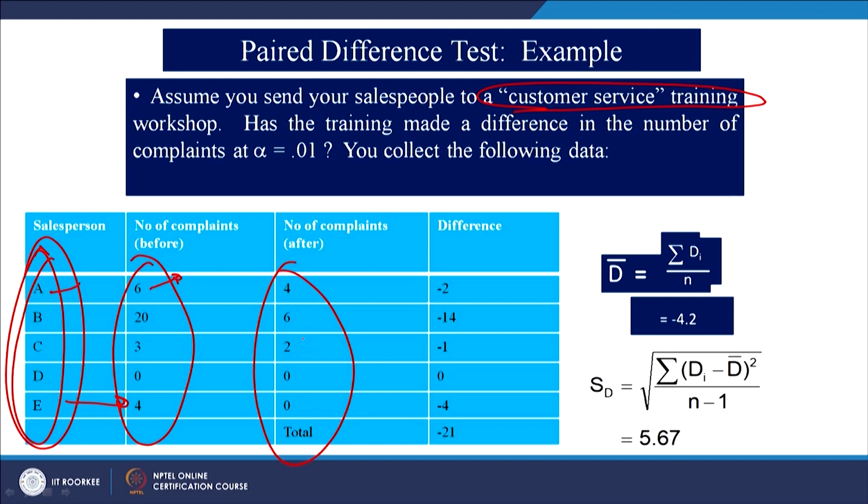Now, you want to know is there any difference in these two sets of data, or has the training program made a difference in the number of complaints, whether your complaints have gone down or it has gone up. So, what kind of null and alternative hypothesis would you frame?